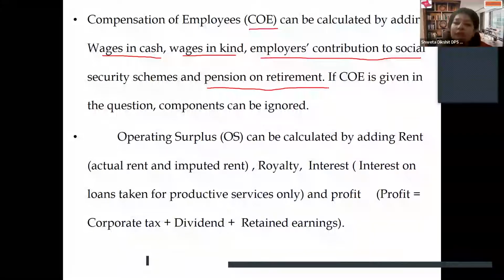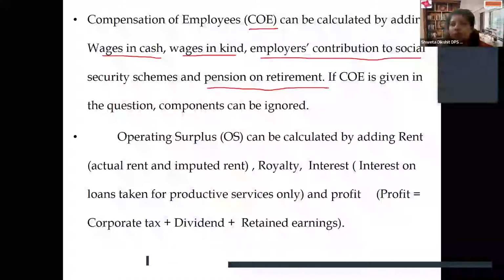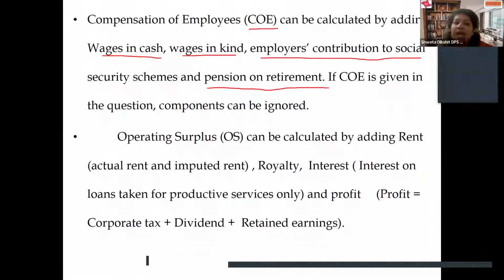Children, believe me, right from a cup of coffee, to the expenditure on internet, to the car, to the petrol expenses, or the education expenses, or the contribution to PF, Provident Fund, or the contribution to medical expenses, everything is part of COE. If your parents are working, ask them what kind of compensation they are receiving from their employers, and they are all part of compensation of employees.